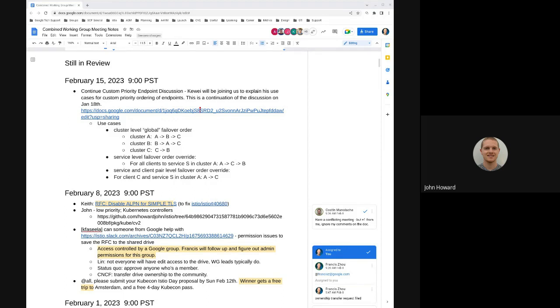The use case is basically that we can configure completely arbitrary anything. It's going to be very hard to design a reasonable, simple API around this. You want an override for every service and client pair, and this seems pretty advanced.